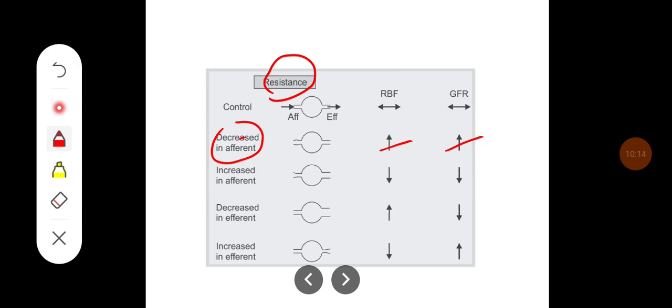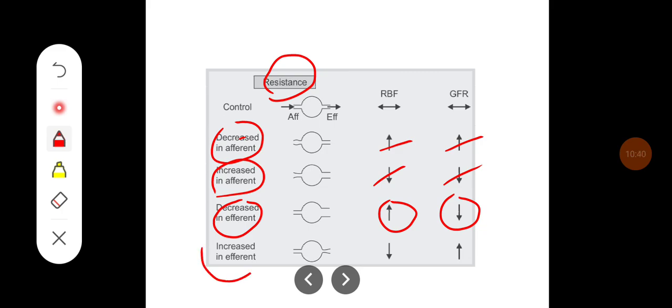If the vascular resistance is increased in the afferent, then obviously the renal blood flow and the GFR are going to decrease. When the resistance is reduced in the efferent, then the renal blood flow is going to increase, whereas the GFR is going to reduce. When the resistance is increased in the efferent arterioles, it is going to decrease RBF, but it is going to increase the GFR.